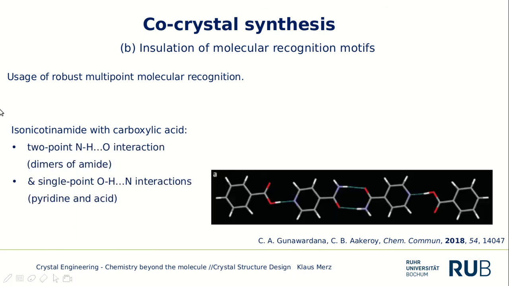Have a look here. What we have is a 2-point NHO interaction. You see it here. This is what we call this amide synthon. Here very nicely. And this isonicotinamide has this nice nitrogen center, an aromatic nitrogen center, which allows the formation of an additional hydrogen bond to carboxylic acid. Okay.